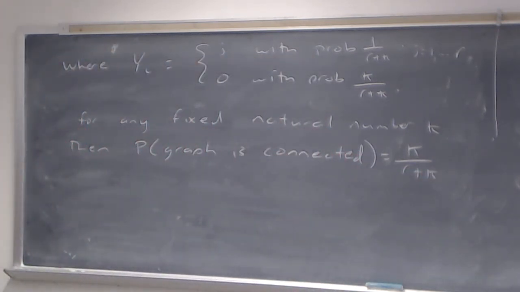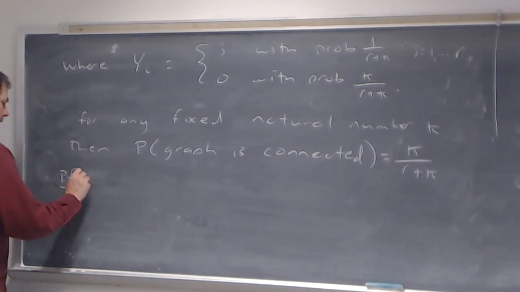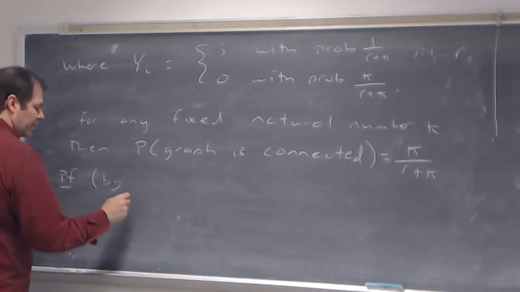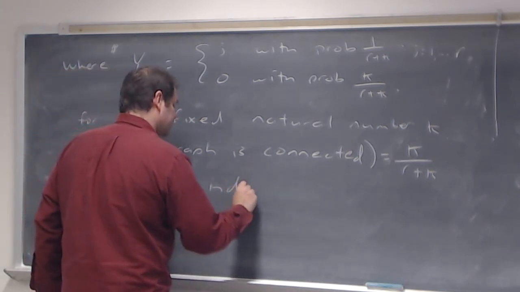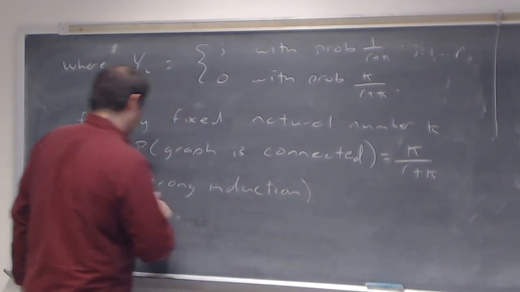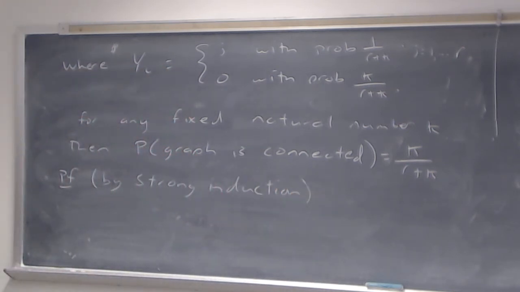So the way that we prove this lemma is by something called strong induction. So it's by mathematical induction, but we have this word strong here. The reason we have this word strong is because for induction, we say, hey, we have to prove this for the base case, and then we say, assuming it's true for R equal to N, we have to show that it's true for R equal to N plus 1.